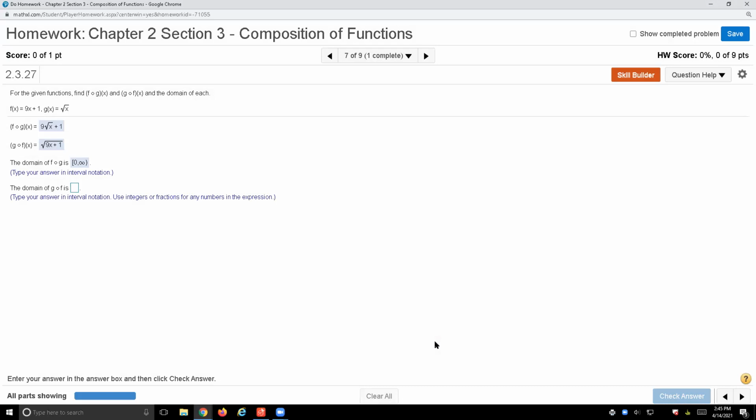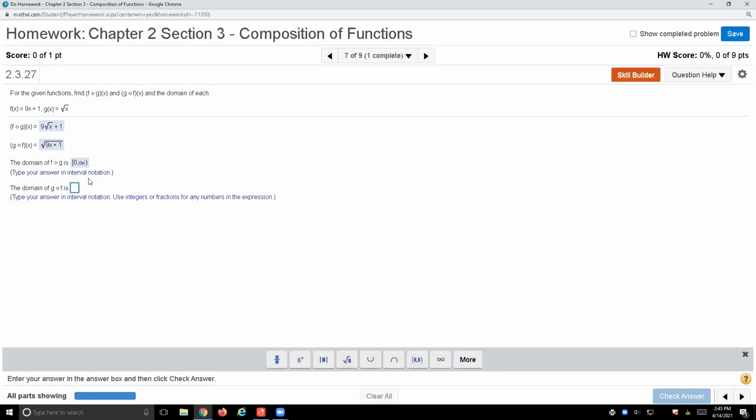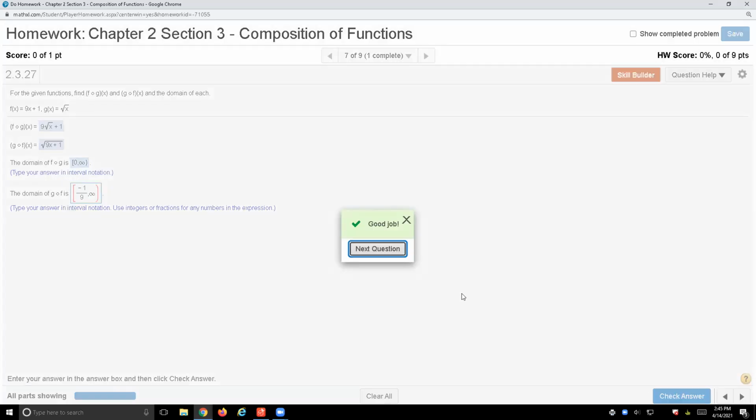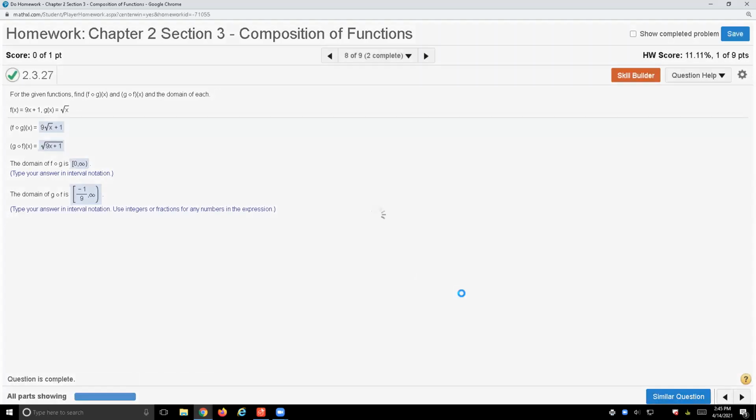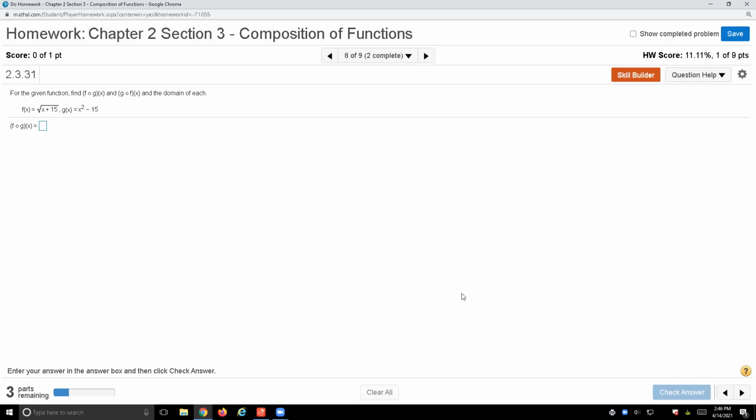This one is bracket, negative, we need a fraction. So it's negative 1 over 9, comma, infinity. Yeah, now we know what they want. So we'll do it again.